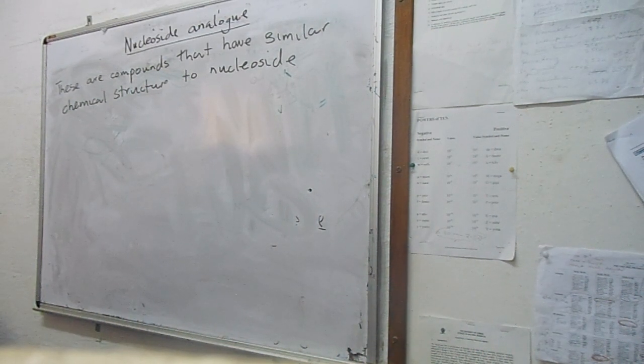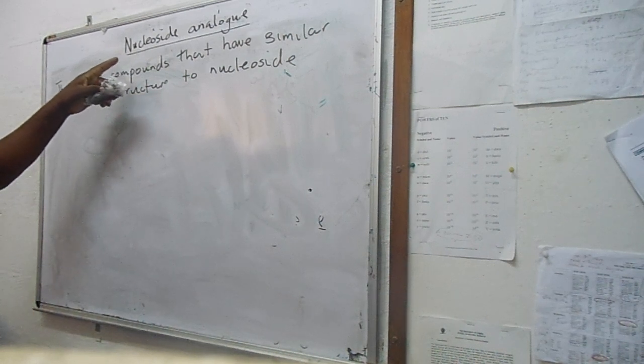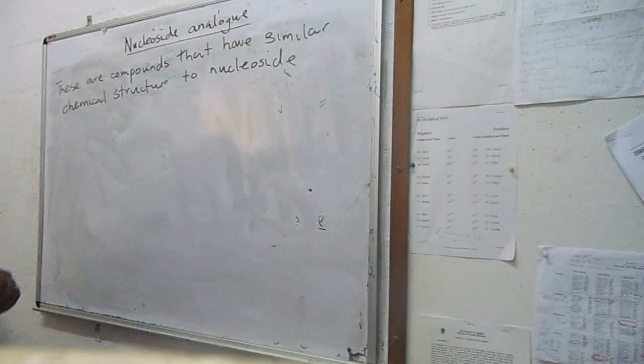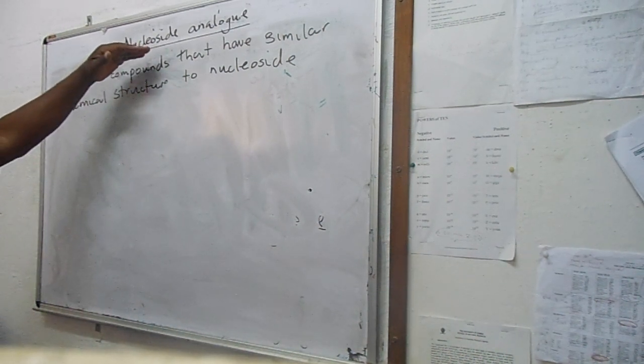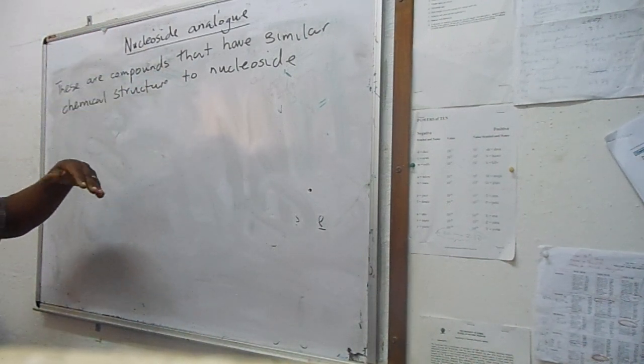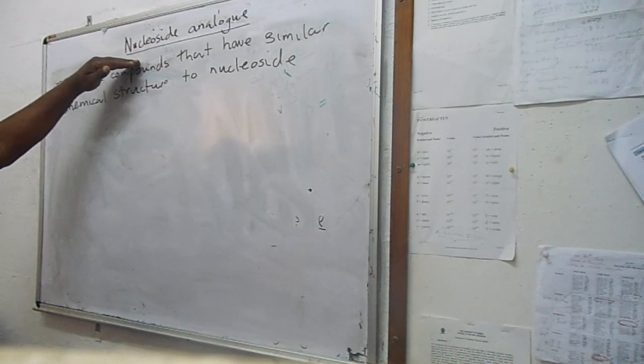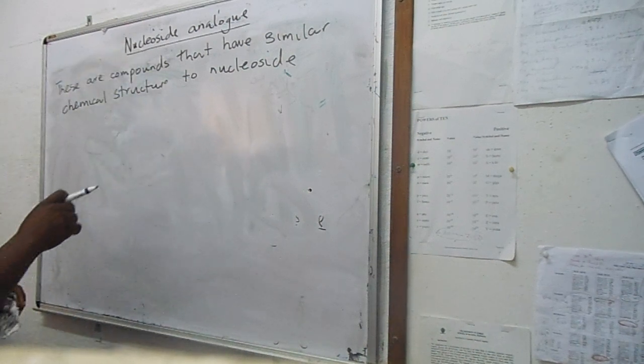So a lot of drugs have been manufactured basing the synthesis on the structure of nucleosides. We mimic the structure of nucleosides, and therefore the nucleoside analogues will mimic the chemical reactions of nucleosides.